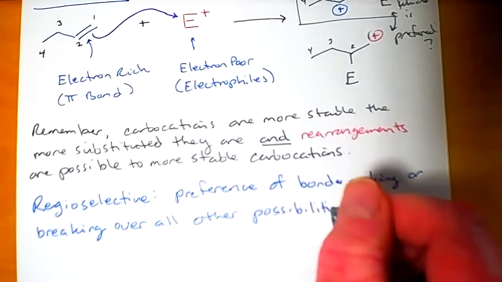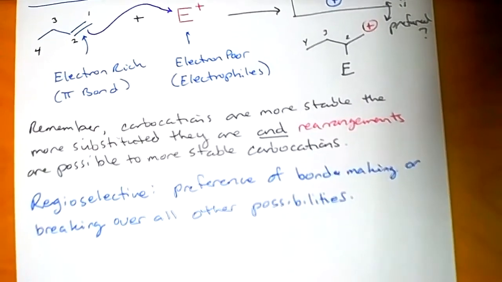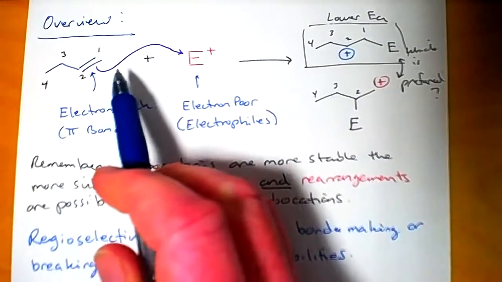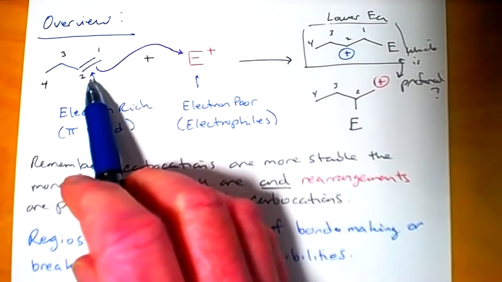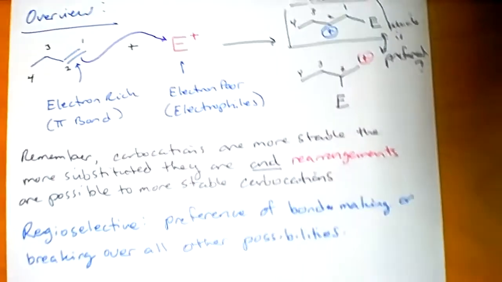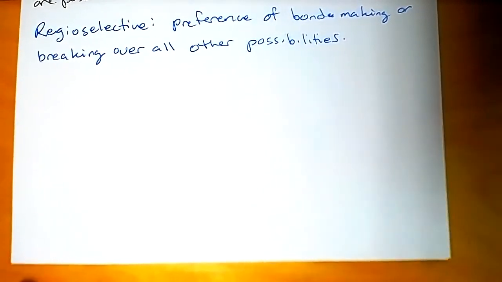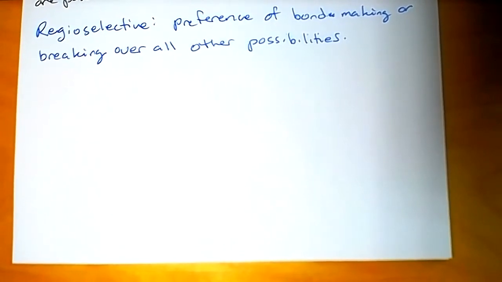So it means there's a particular region that is favored. Up here, this was regioselective for carbon 1 over carbon 2 because you got a more stable carbocation. So there's always some type of rationale as to the regioselectivity.